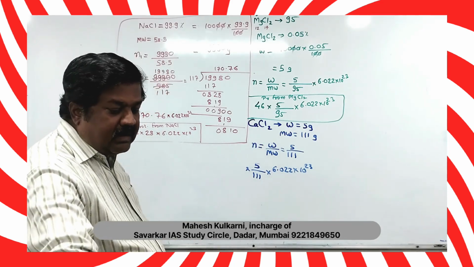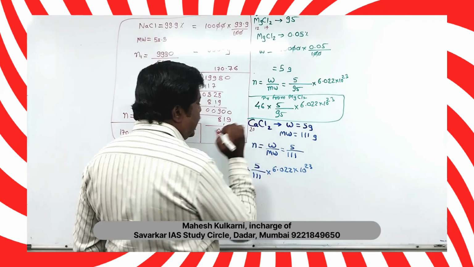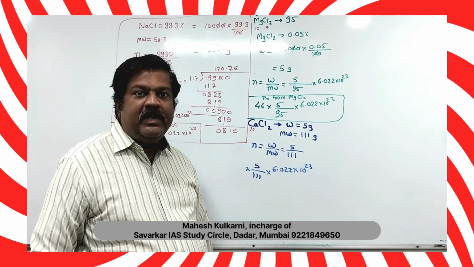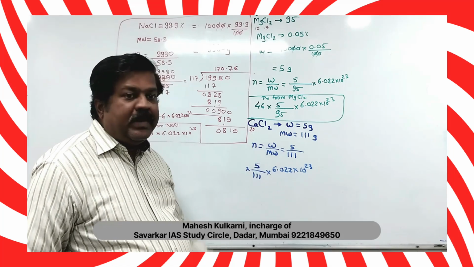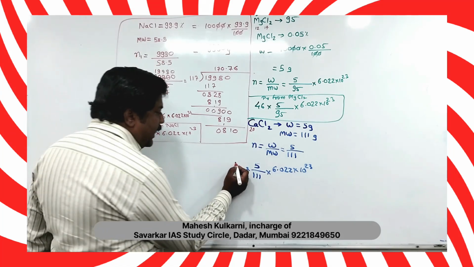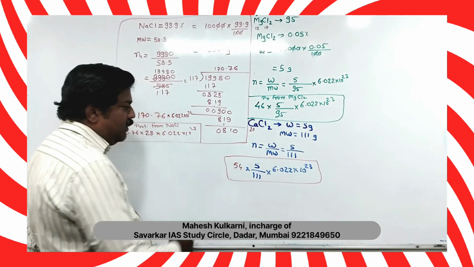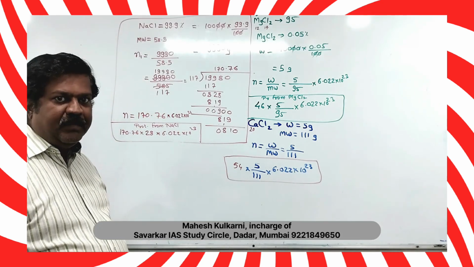Now let us calculate a single molecule of calcium chloride. So here the atomic number is 20, so 20 protons, and you are aware chlorine is having 17. 17 twos are 34. 34 plus 20, 54. So multiply this figure by 54. You will get the number of protons in calcium chloride.